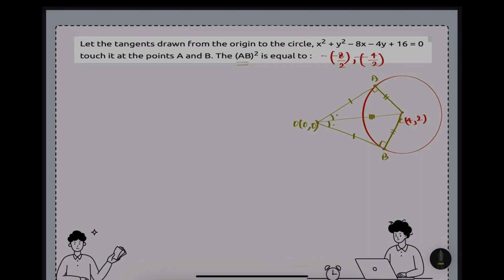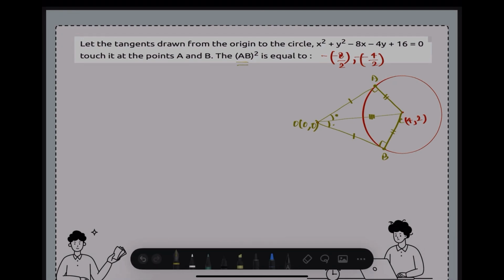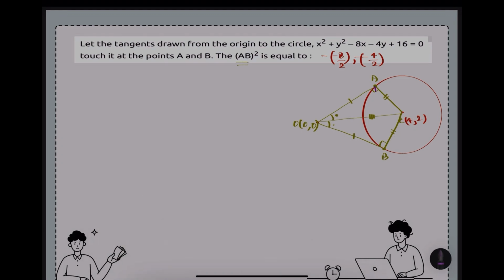First I'll find this angle, because you know this is the length of tangent, root S1. You know this is the radius, root over g square plus f square minus c. If you have two sides of a triangle, you can find the angle.